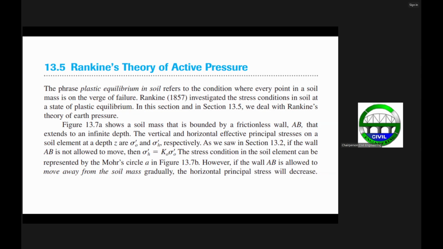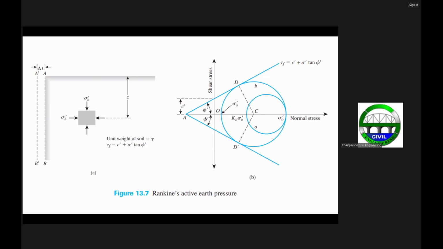That can be seen here in this figure. You now have your wall again, the same wall AB, but this time you have some movement away from the wall.